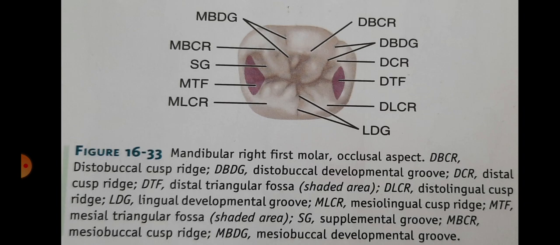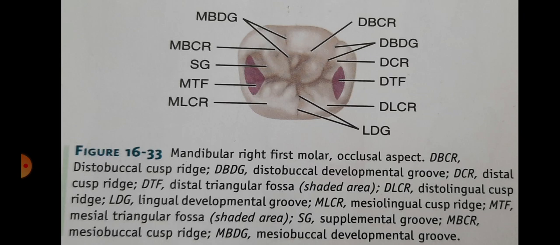DLCR is distolingual cusp ridge, and LDG is lingual developmental groove. MLCR means mesiolingual cusp ridge.